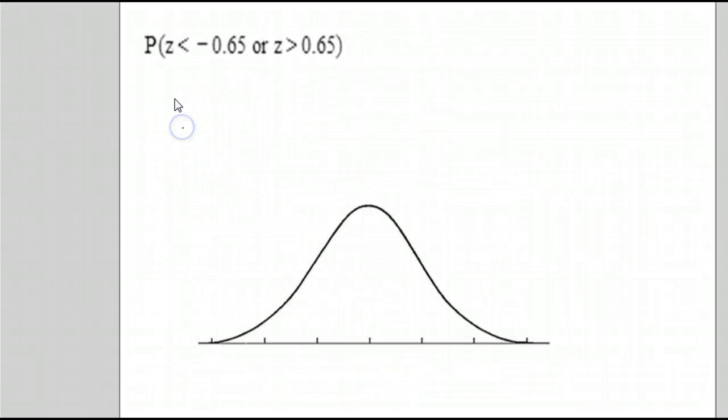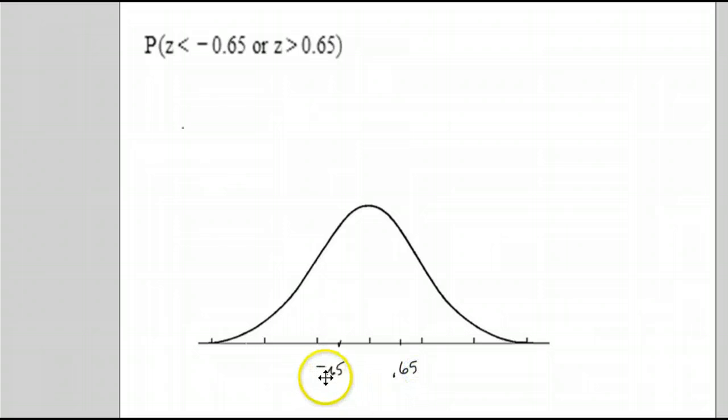And then this one, careful with the wording of this one, negative 0.65. So there's 0, there's negative 1, negative 0.65 is roughly there. Positive 0.65, same place on the other side.